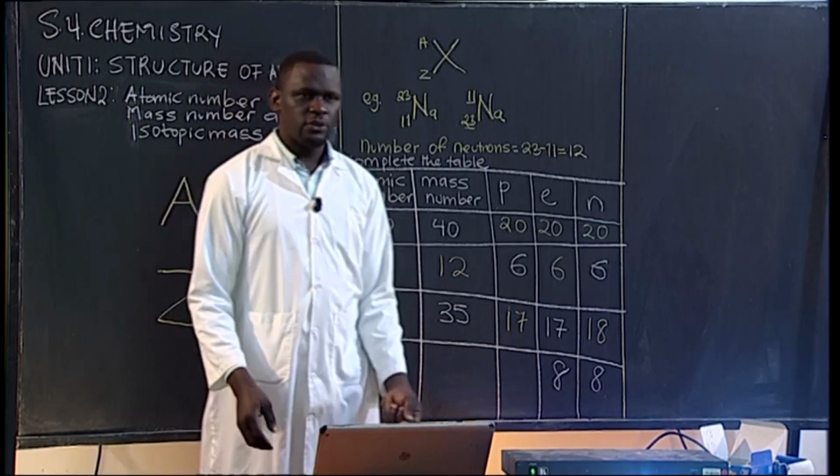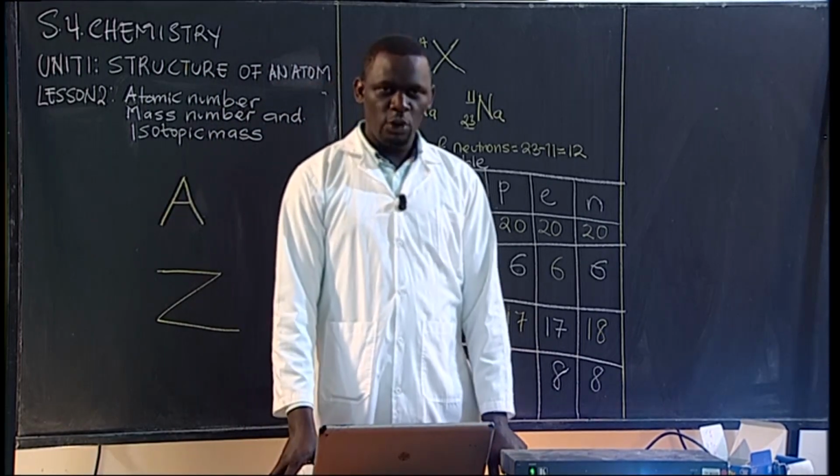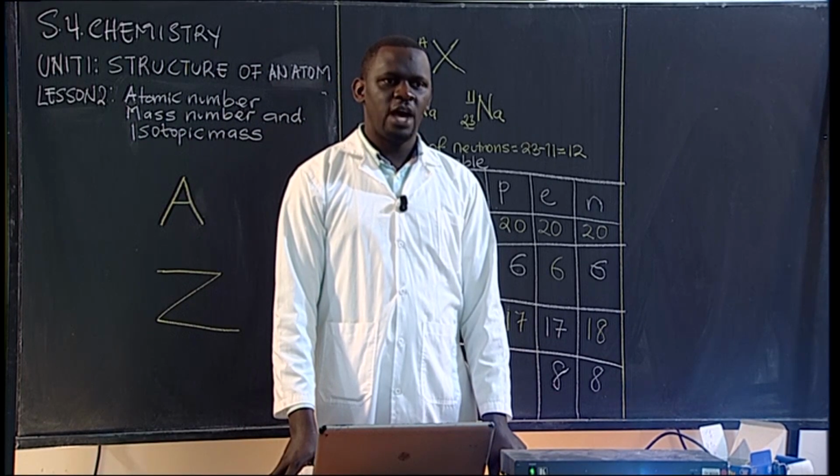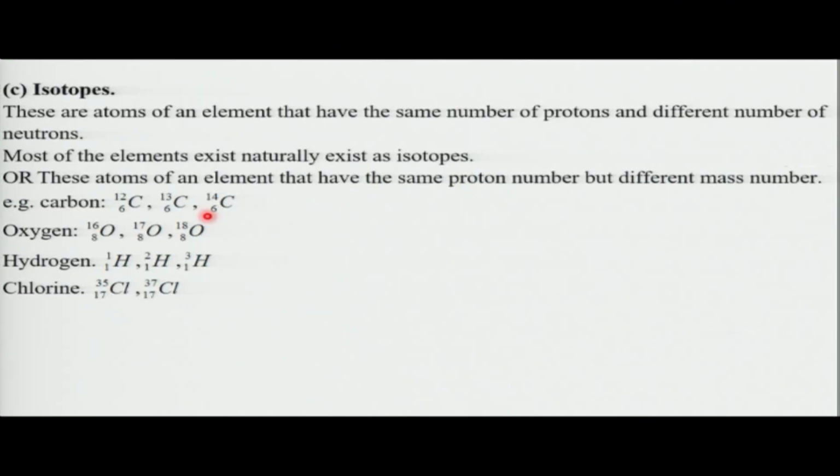Yeah. So let's continue now, and we talk about isotopes. Isotopes are atoms of an element that have the same number of protons and different number of neutrons. Most of the elements that exist naturally exist as isotopes.